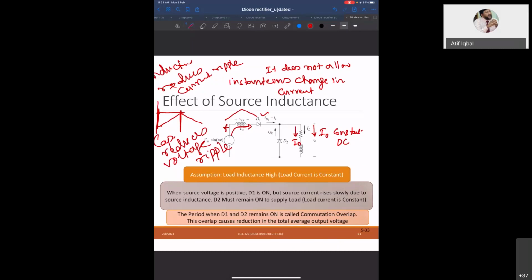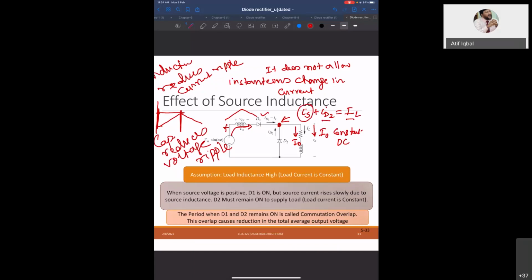There has to be I0. If you apply KCL at this point, the source current plus the diode current should be equal to the DC load current. If the source current is not there, then the load current should be supplied from the diode.